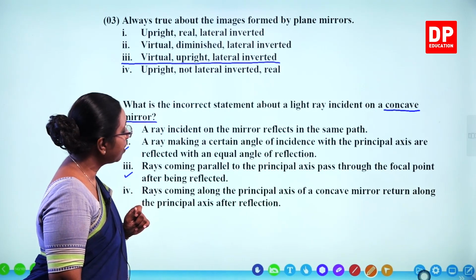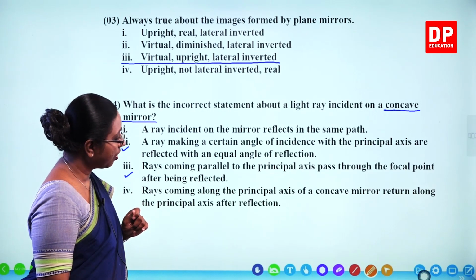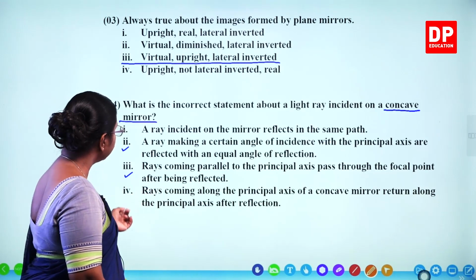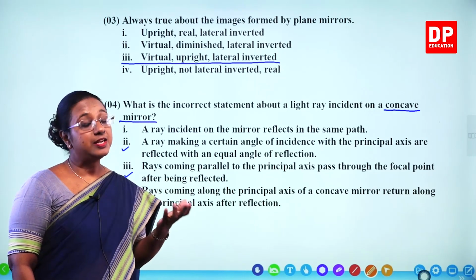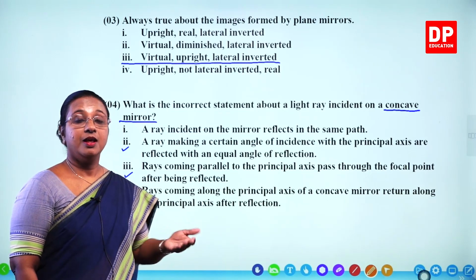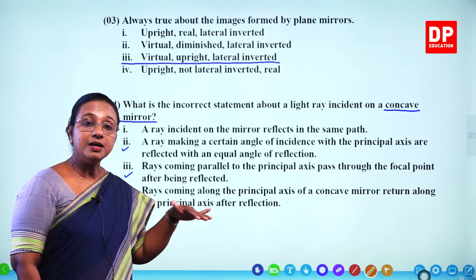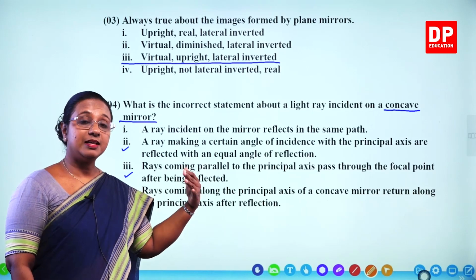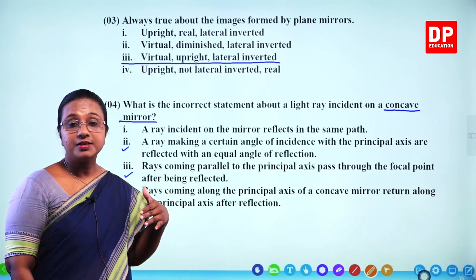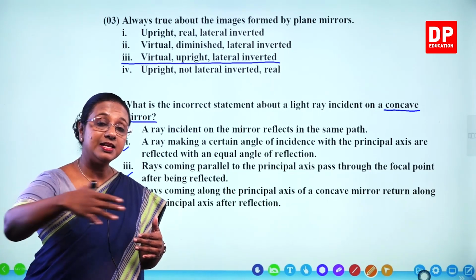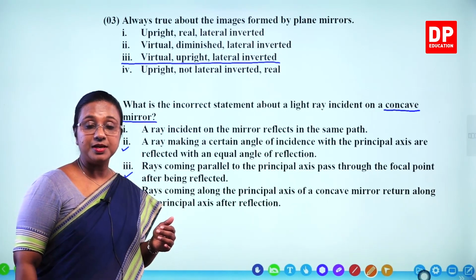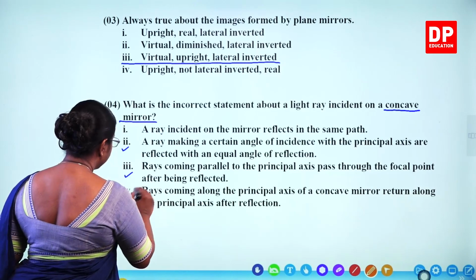Rays coming along the principal axis of a concave mirror return along the principal axis after reflection. That is also always correct. Always the rays coming along the principal axis either reflect back along the same axis if it is a mirror, or if it is a lens, they just travel along the principal axis. So, that is also correct.